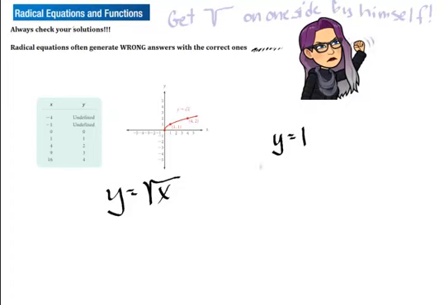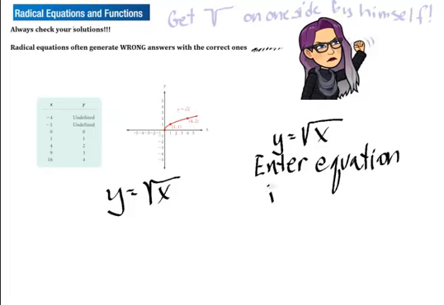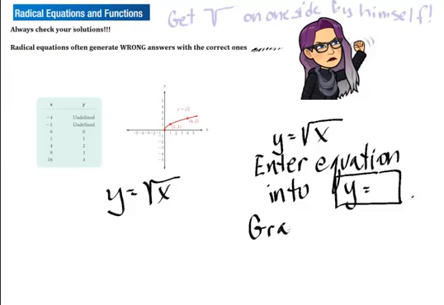So enter the equation into Y=. Then hit graph.